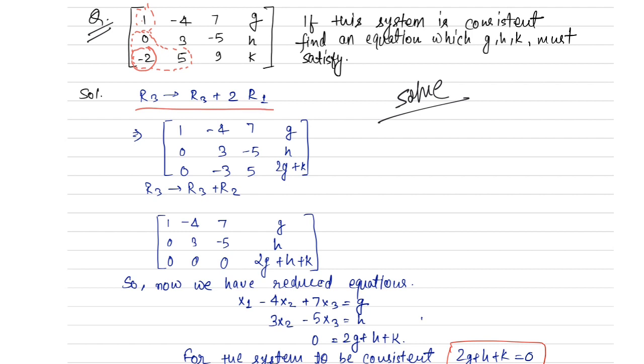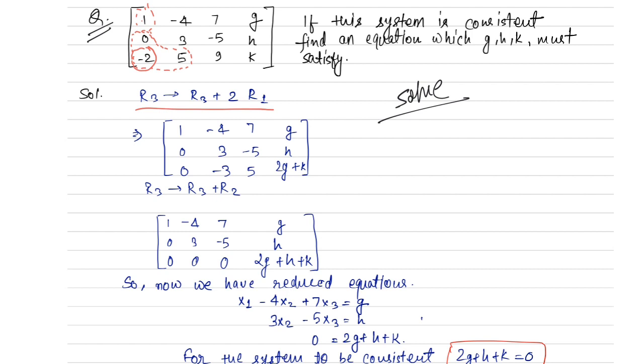Here, in row 3 I have applied the row operation R3 plus 2R1. I have multiplied R1 by 2 and added it to R3. Let's see what it will give.